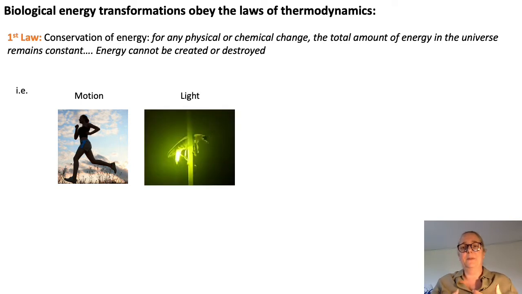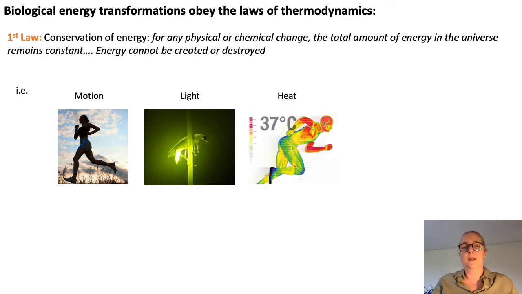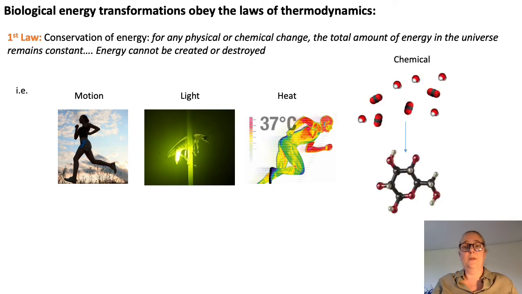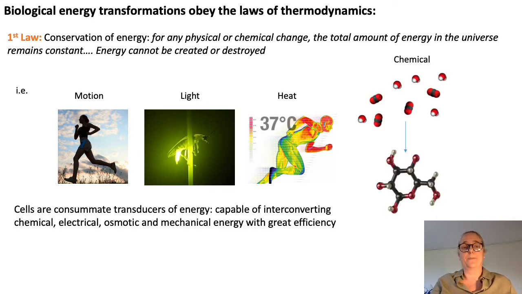Energy can be taken from light. Also heat: our bodies are heated to 37 degrees, which also requires energy. And we also have chemical energy. Cells are consummate transducers of energy, capable of interconverting chemical, electrical, osmotic and mechanical energy with great efficiency.